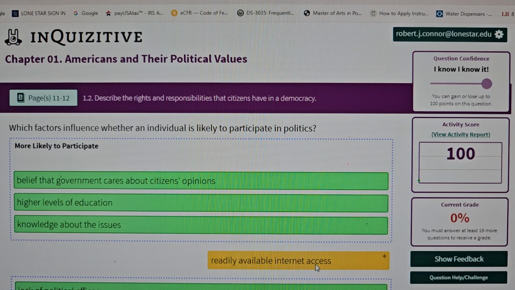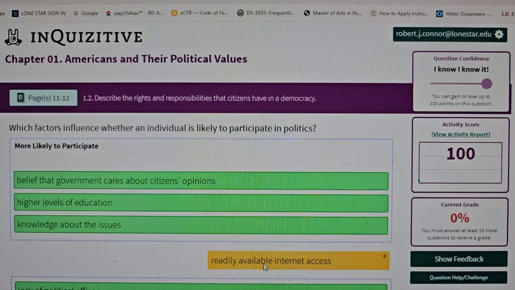Well, I don't know about that one, because sometimes if you have readily available internet, then you don't pay attention to other things like news on TV or news in the newspaper, or talking about politics with your friends or what have you. Maybe you go on the internet and you just get lost in your internet world. So I'm not sure what the answer to that one is. Readily available internet access. I don't know what the answer to that is.